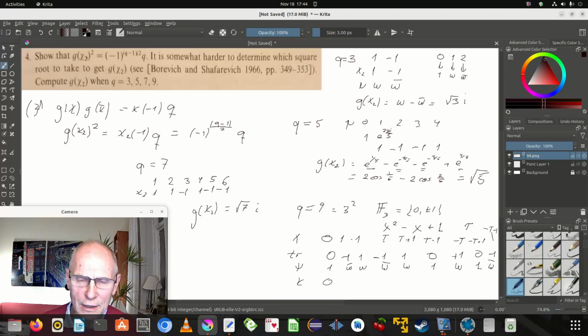T squared gives T minus 1. T minus 1 times T squared minus T gives unity. Ah, that wasn't good. I actually thought this was a generator. We try once again.